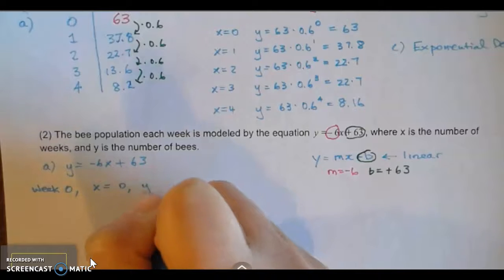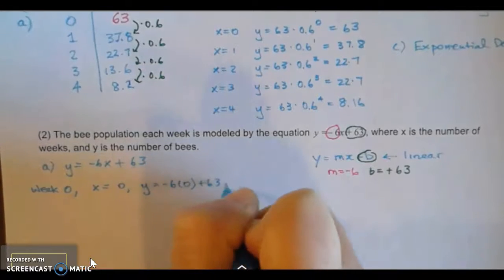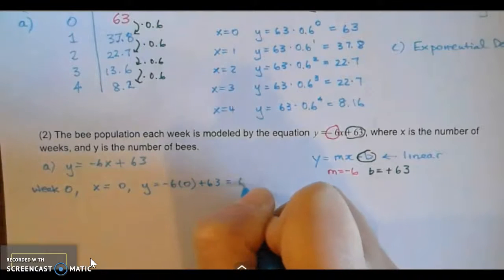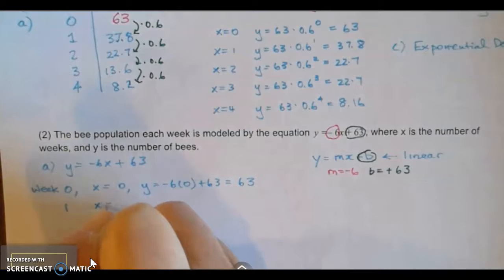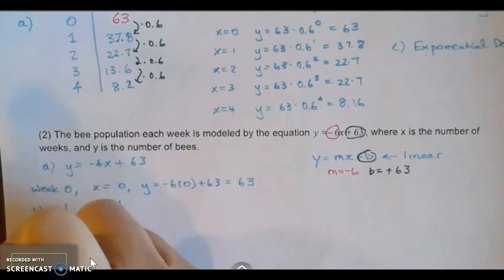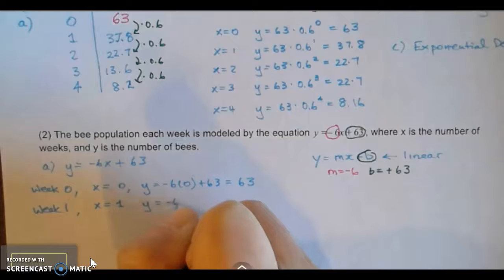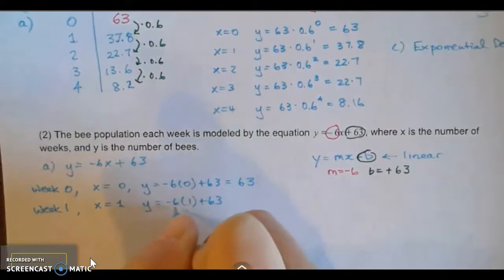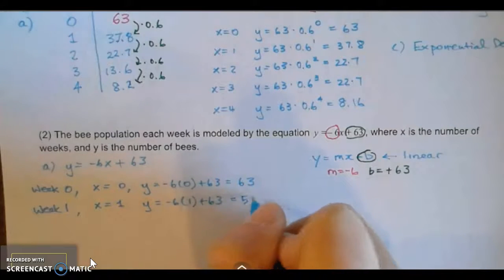So then y is going to be negative 6 times 0 plus 63, which is anything multiplied by 0 is 0, plus 63 is 63. Week 1, x is equal to 1. So y is going to be equal to negative 6 times 1 plus 63. So that's like 63 minus 6. So that's going to be 57.